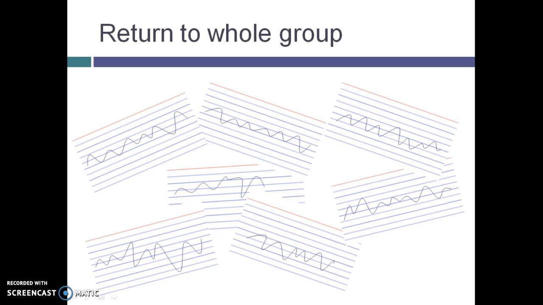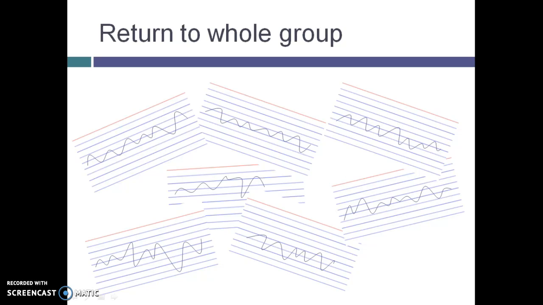Return to whole group. This specific step is not part of quiz, quiz, trade, but this is something that I like to do in my class. Because the cards and the students are constantly moving throughout the room, it's difficult to assure that every student gets to see every single card.